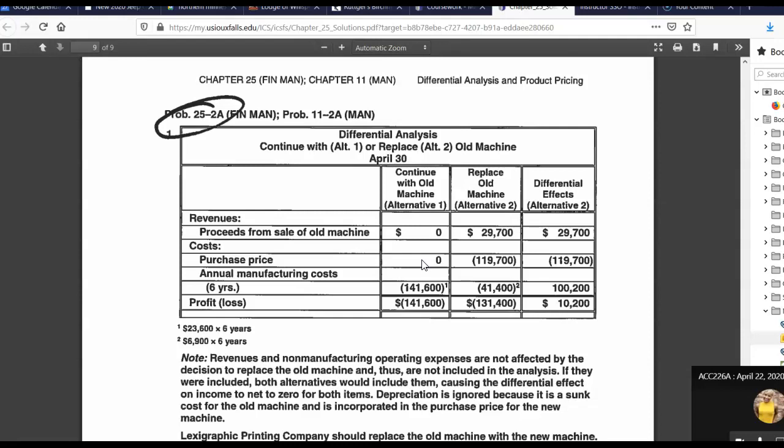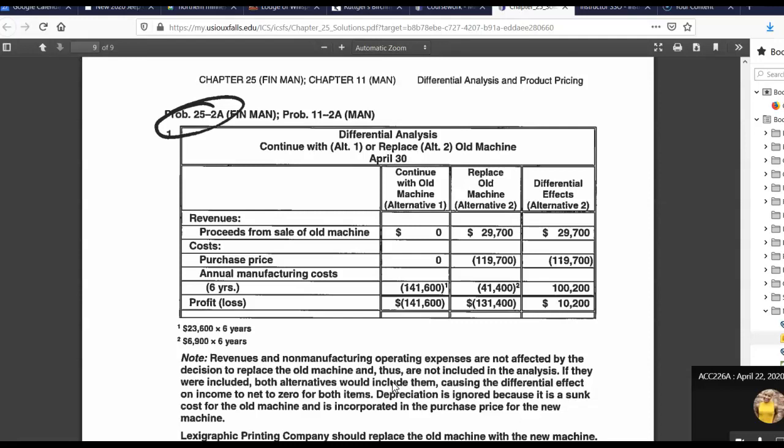Okay, so if we continue with the old, we certainly don't have proceeds from the sale of the old machine, and there's no new purchase. But it's the annual manufacturing costs, 23,600 times 6, and that's our 141,600.